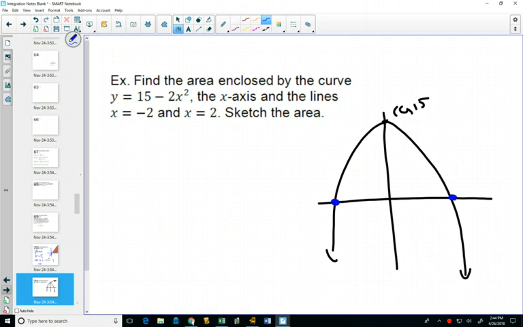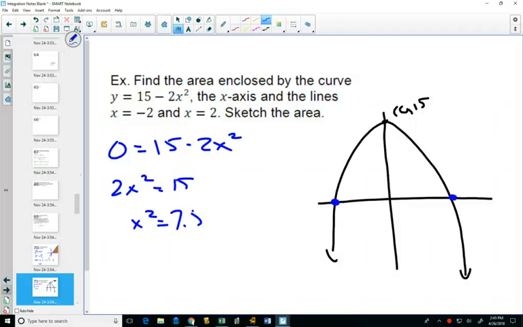So if I wanted to find those x-intercepts, I could set my equation equal to 0. What's the square root of 7.5? 2.7.